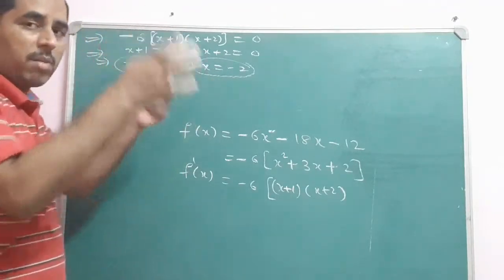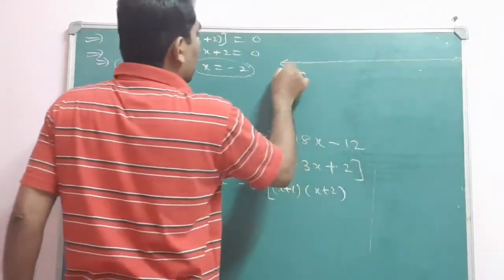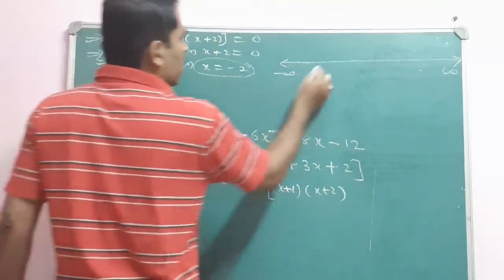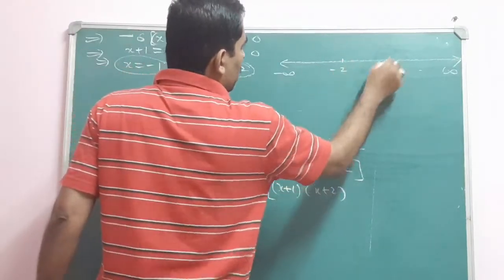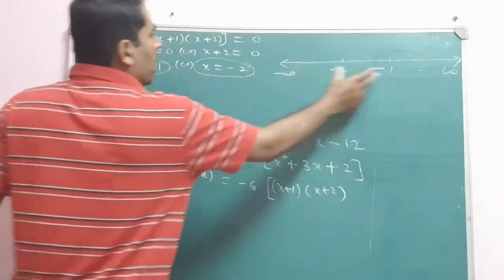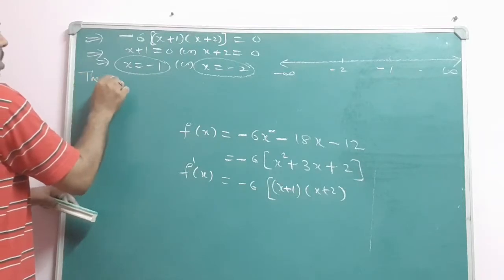So these points we can mark on the number line. If I mark on a number line, minus infinity and infinity, first I will write minus 2 and here minus 1. Then I will get 3 intervals.